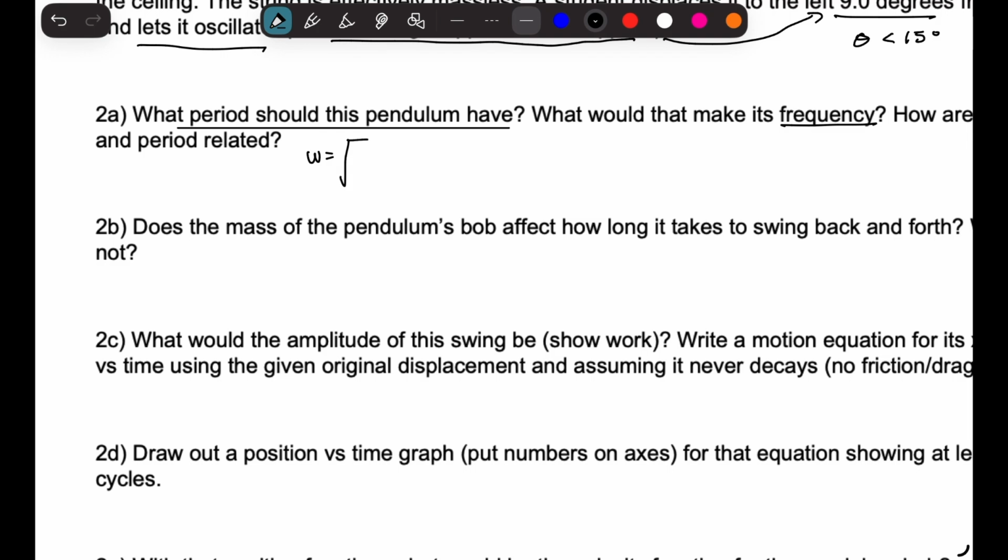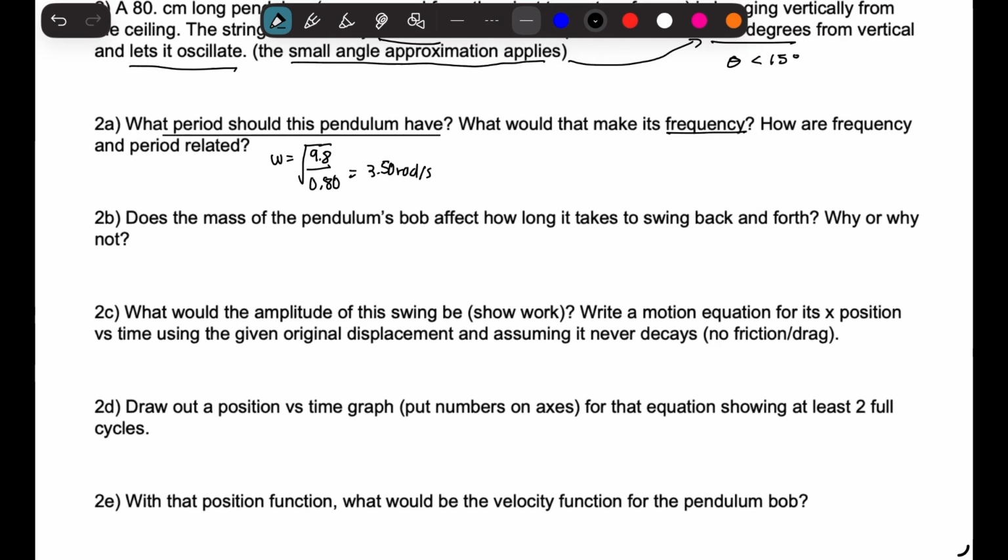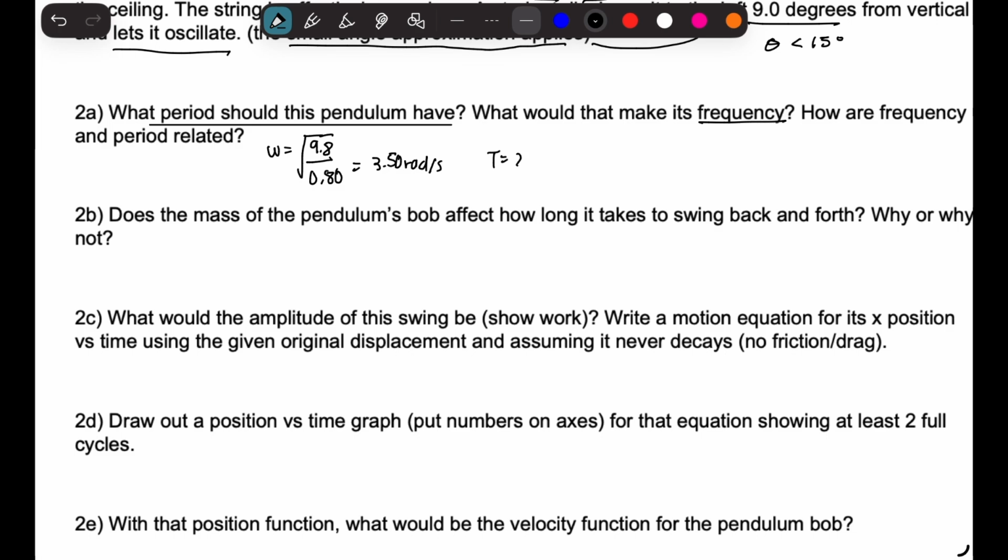In your calculator, we'd plug in 9.8 and 0.80, and get 3.50 rad per second. For period, you have 2 pi over omega. So that's 6.283, 2 pi, divided by 3.50. That's 1.80 seconds.